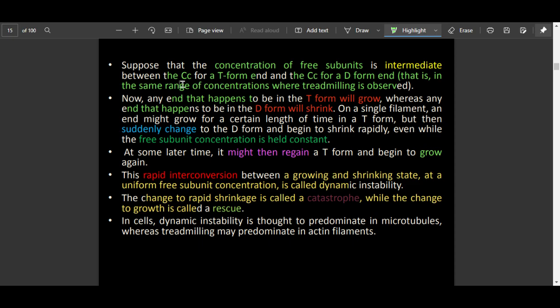On a single filament, an end might grow for a certain length of time but then suddenly change and begin to shrink rapidly, even while the free subunit concentration is held constant.